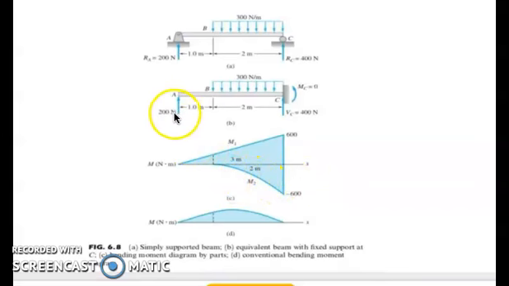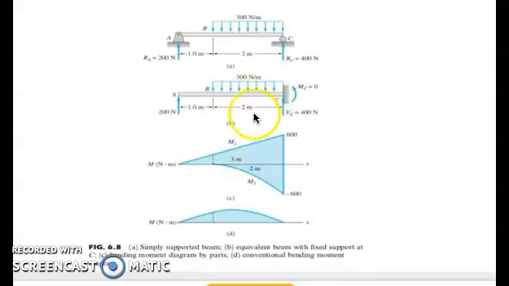So it starts with our reaction. That will be 200 times the length, which is 3. So we have here 600. This will be our M sub 1. Since this is concentrated, we only have a triangle. Then afterwards, we have a load downward, which is a uniform loading. So 300 times this dimension times 2, the length of the beam of the uniform loading.